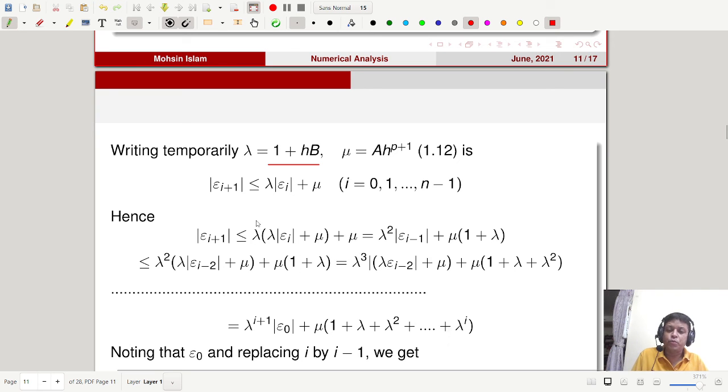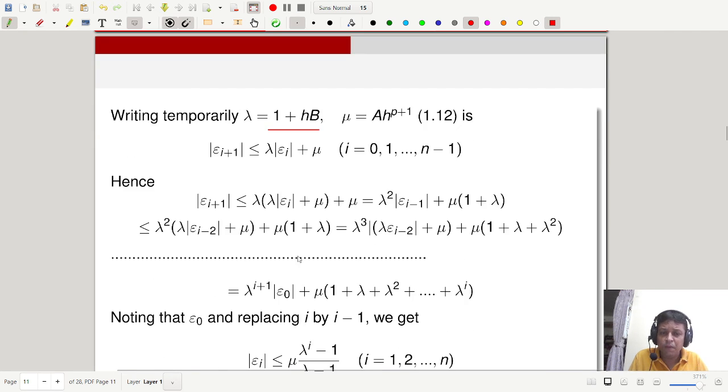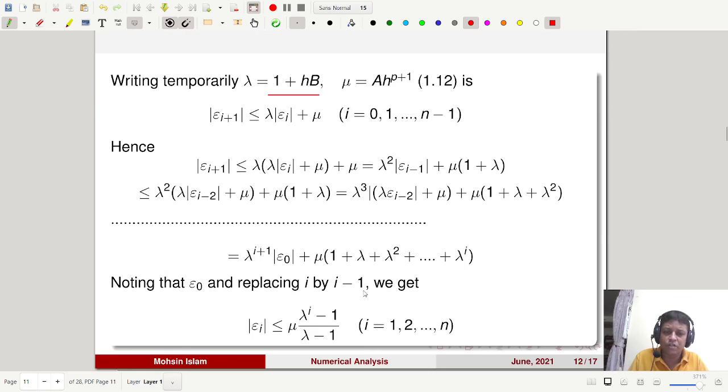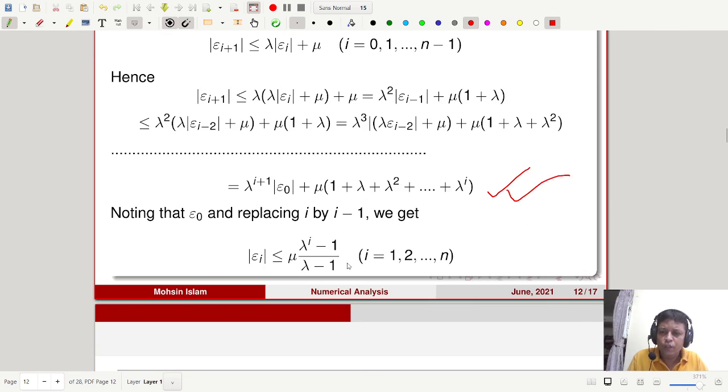I'm writing epsilon_{i+1} less than or equal to lambda epsilon_i plus mu, then lambda squared epsilon_{i-1} plus mu times (1 plus lambda), and successively I'm getting a relation, writing i minus 1, i minus 2, i minus 3, etc. Finally, noting epsilon_0 and replacing i by i minus 1, we get modulus of epsilon_i less than or equal to mu times (lambda to the i minus 1) divided by (lambda minus 1), for i equal to 1 to n.